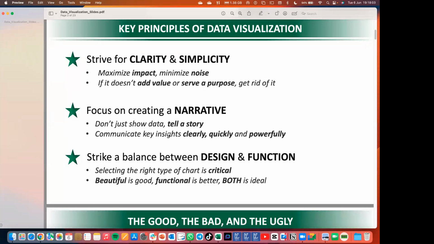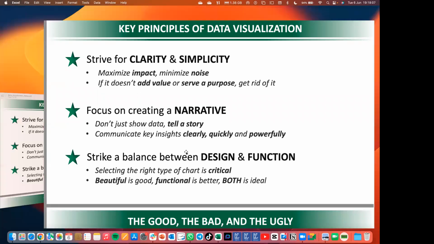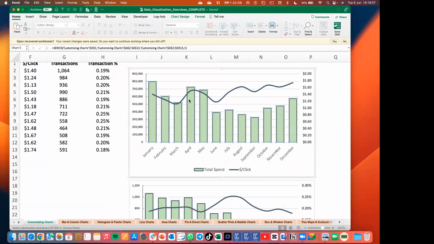Communicate key insights clearly, quickly, and powerfully. So when you look at such a chart, they are clear insights and you are communicating them quickly. Those are months. You're communicating currency, the total spend or the number of clicks on the other end.